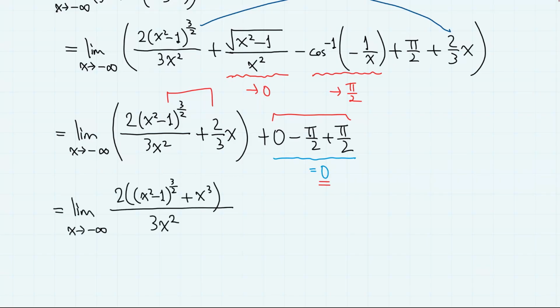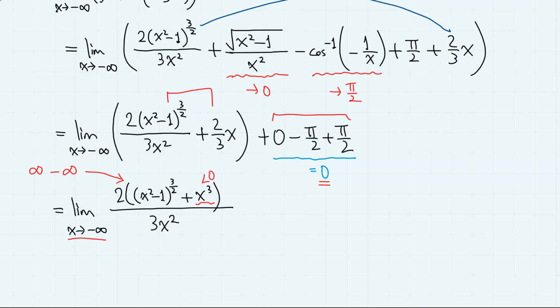So now we have 2 times x squared minus 1 to the power of 3 over 2 plus x cubed divided by 3x squared. Note that the numerator is still in infinity minus infinity form because now x is negative, hence this x cubed is also negative.